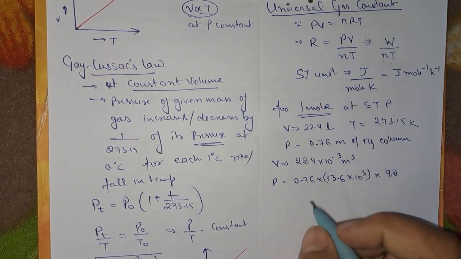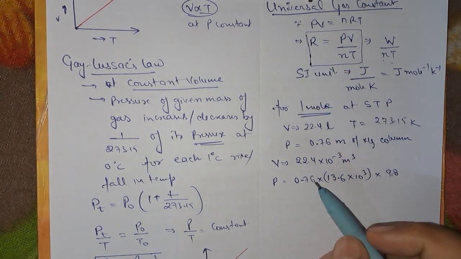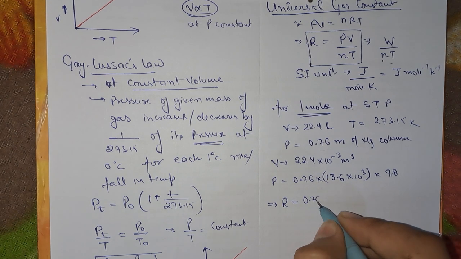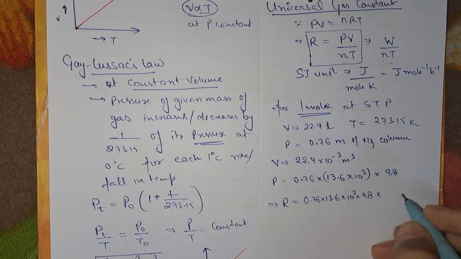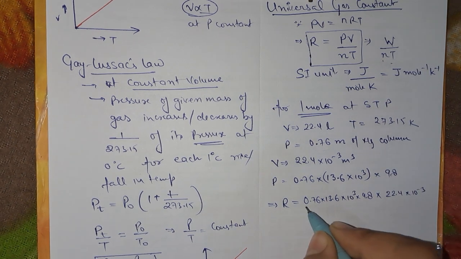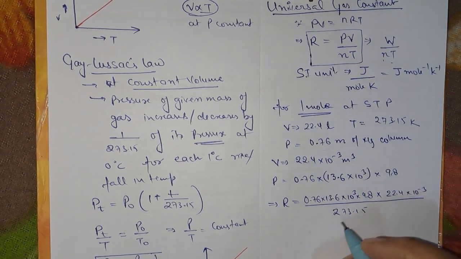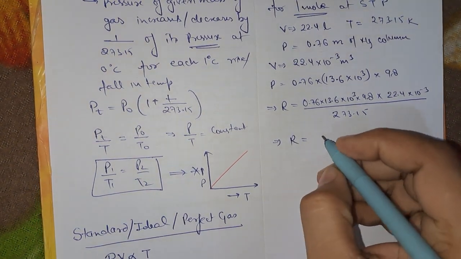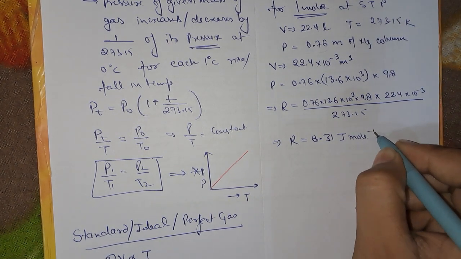Putting all these values in the above equation, we get R equals 0.76 and so on, and on calculating this we get R equals 8.31 joule per mole per Kelvin.